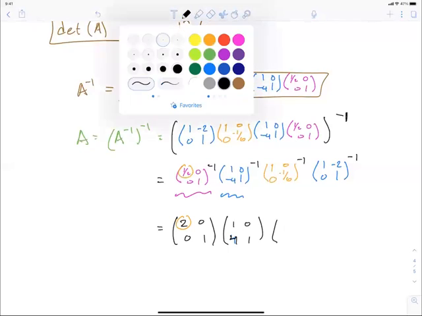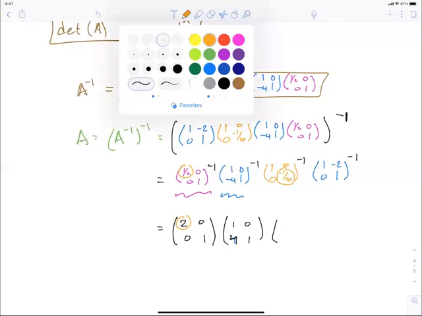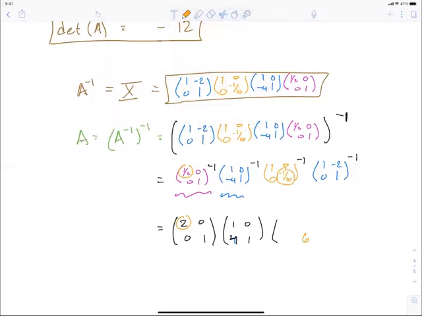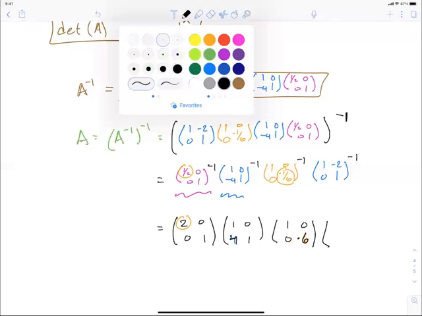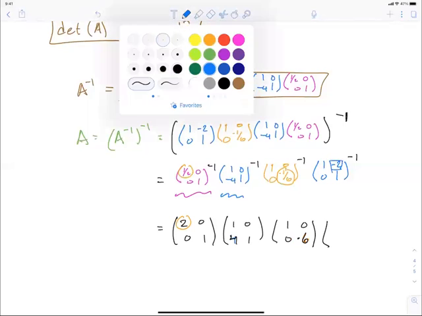And we can keep going down the line. So now we have that -1/6. To undo a scaling of -1/6 in the second row, we just multiply by -6, rather. But everything else is equal. And then finally, for this last matrix, to undo this operation of subtracting twice the second row from the first row, we're going to add that back in.